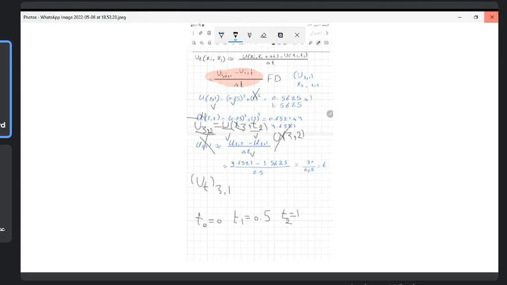Okay, it's sufficient. To compute U32, we use index 3 and 2, equal to U at x3 and t2. Okay?